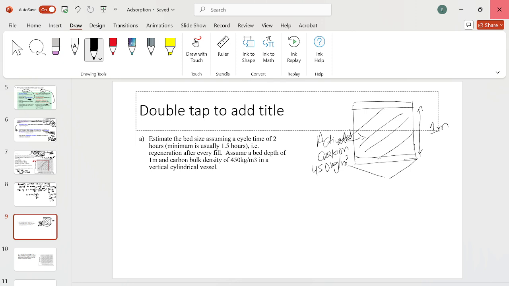So to proceed with this, we will first start with the mass flow rate of benzene. That is concentration into volumetric flow rate. They both are given already.